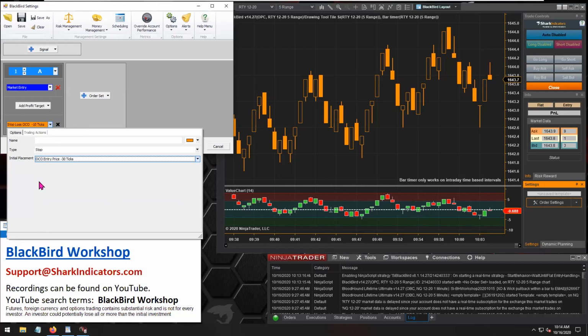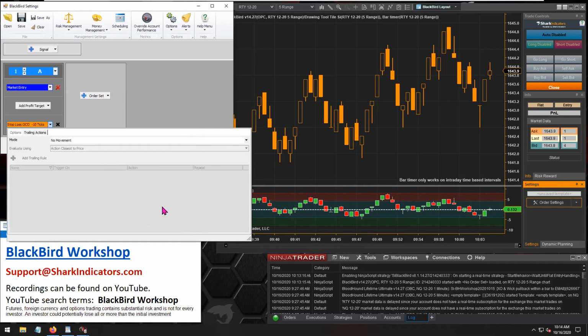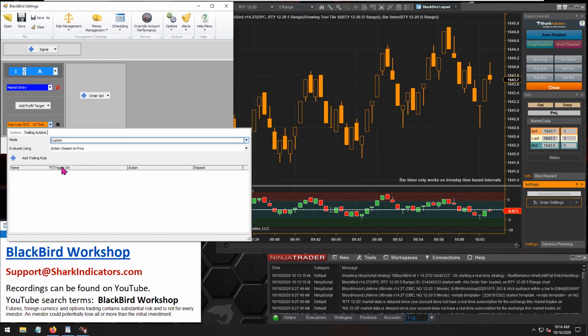Then the next part is to go into the trailing actions tab. The main point of this question is to set up a trailing rule to move our stop loss to break even when this indicator crosses the 0 line. So in trailing actions, we set the mode to custom, and now we can start creating a custom trailing rule. We're going to add a trailing rule.